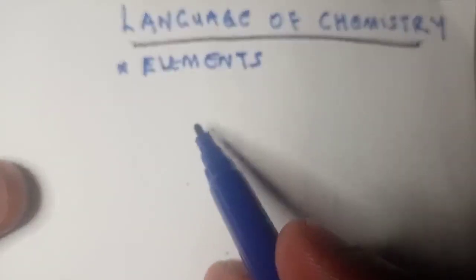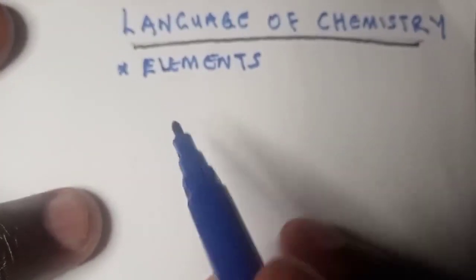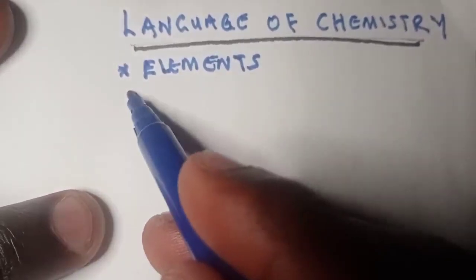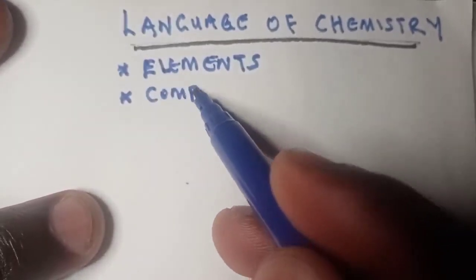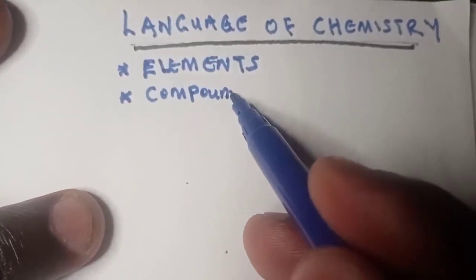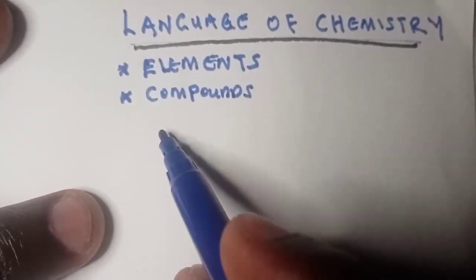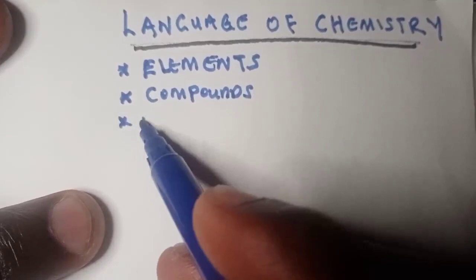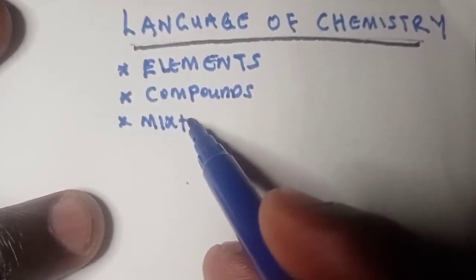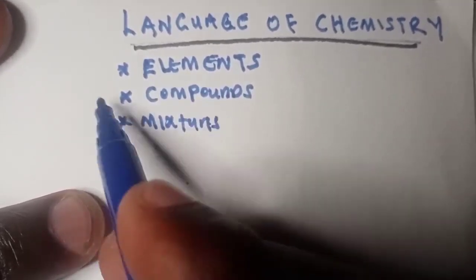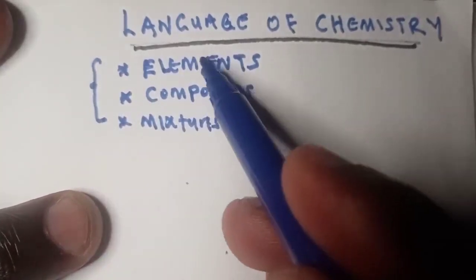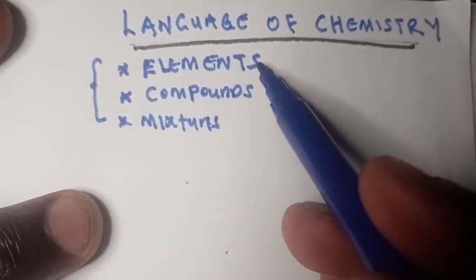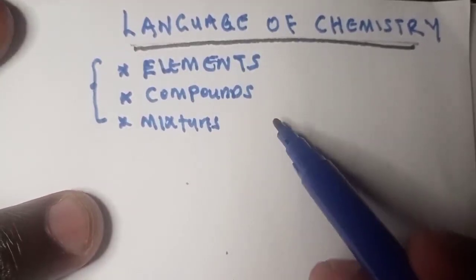You also need to know compounds and give examples of compounds. Then you also need to know mixtures. For these three, you can just watch the previous video where I explained them.